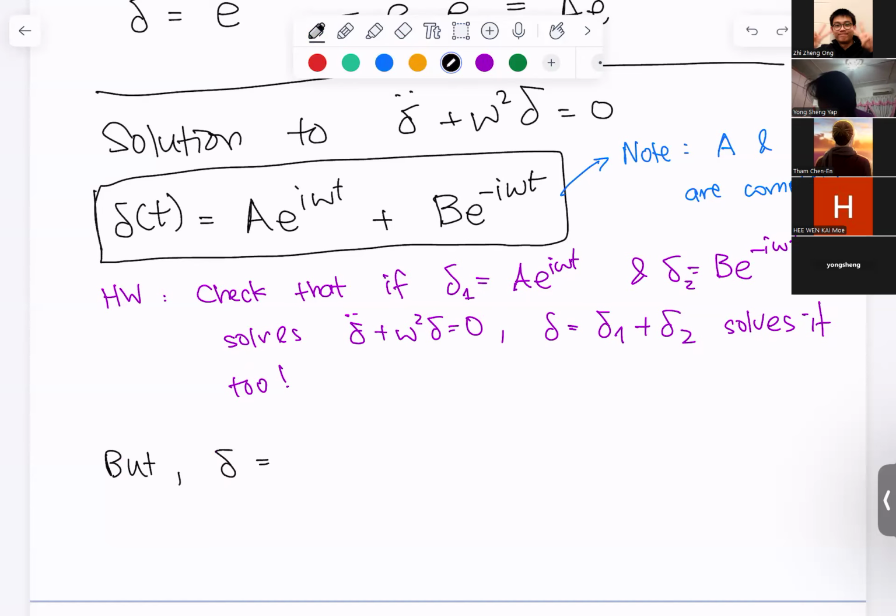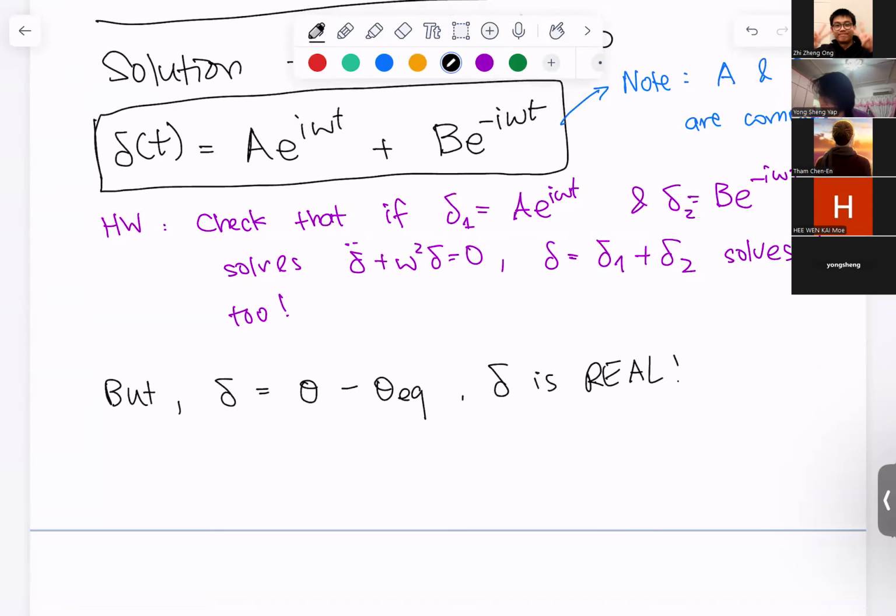For our purposes, it is an angle which is real, minus the equilibrium position angle, which is also real. So delta is real. That means you can't have just random A's and B's. The combination of A and B must give a real delta.